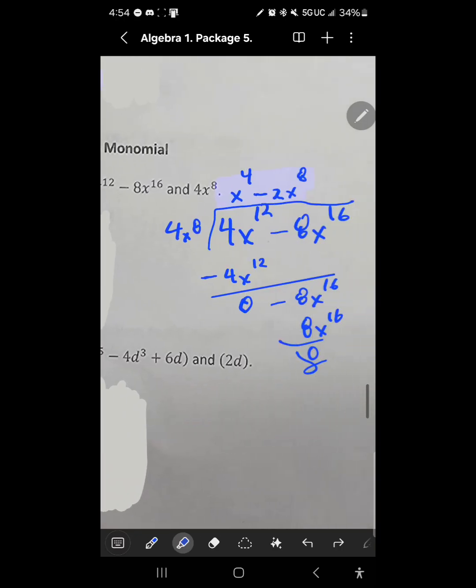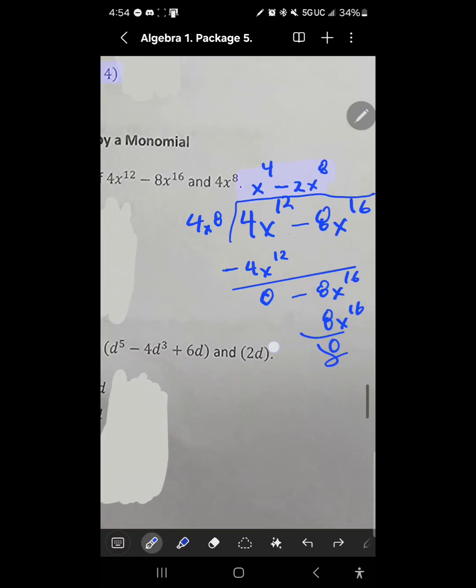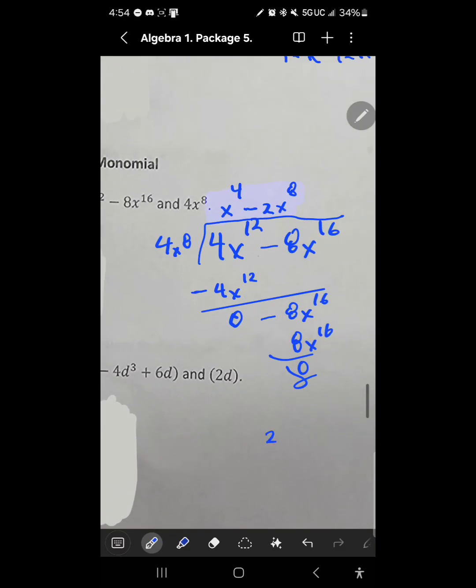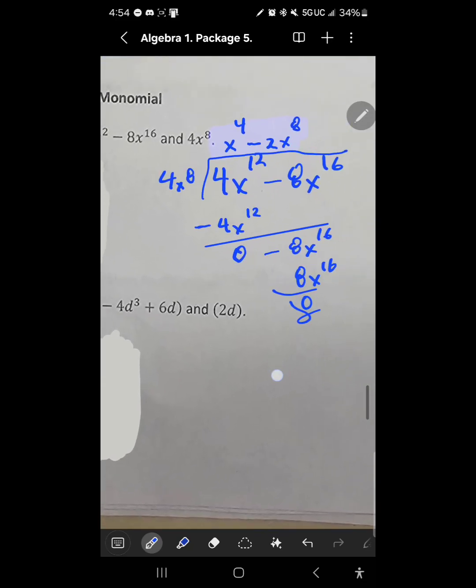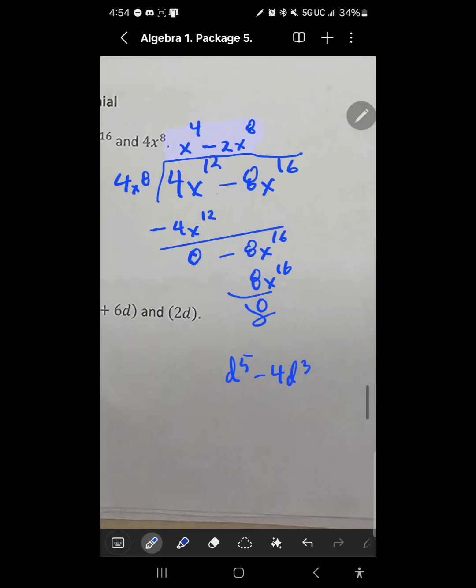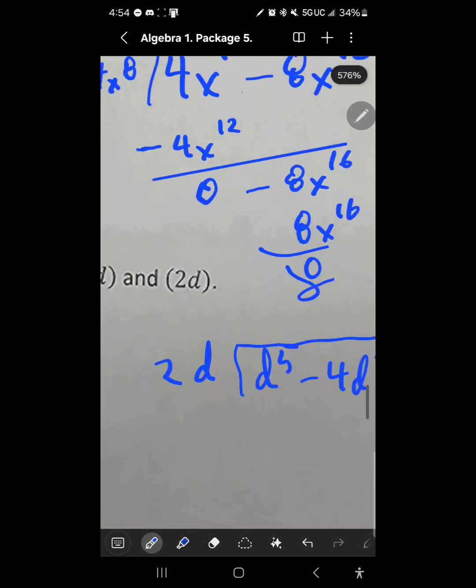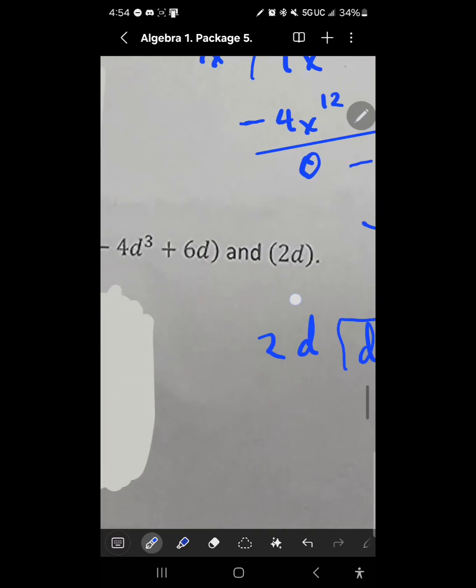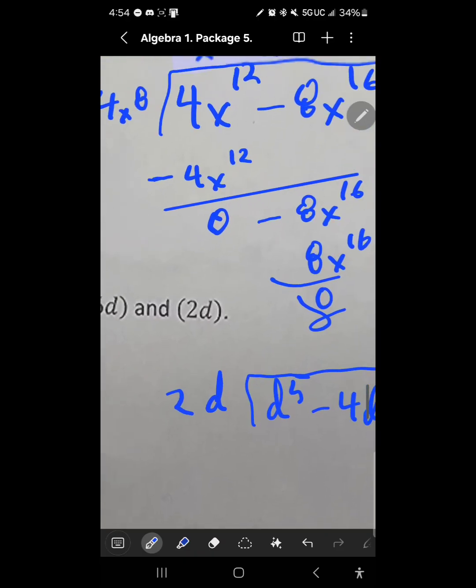Now let's see the equation here. We do the same. We have d^5 minus 4d^3 plus 6d. Then I divide by 2d. Now what number do I multiply 2d that gives me d^5?